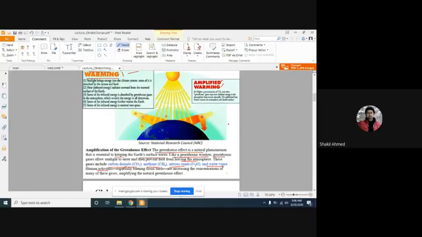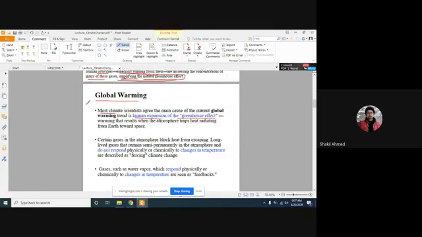Human activities, especially burning of fossil fuel, are increasing the concentration of many of these gases, amplifying the natural greenhouse effect. So when you amplify the natural greenhouse gas effect, then this is dangerous. Global warming. The climate scientists agree the main cause of the current global warming is human expansion of the greenhouse effect.